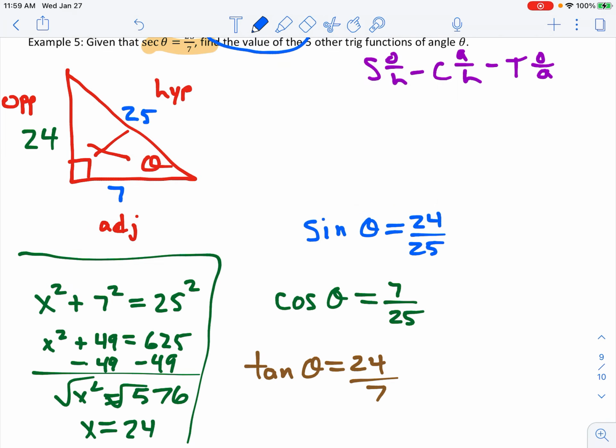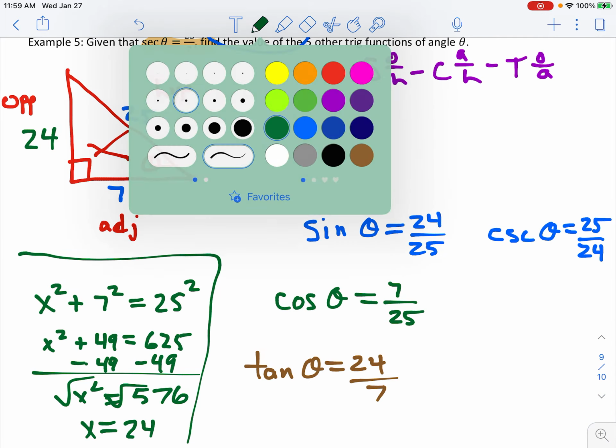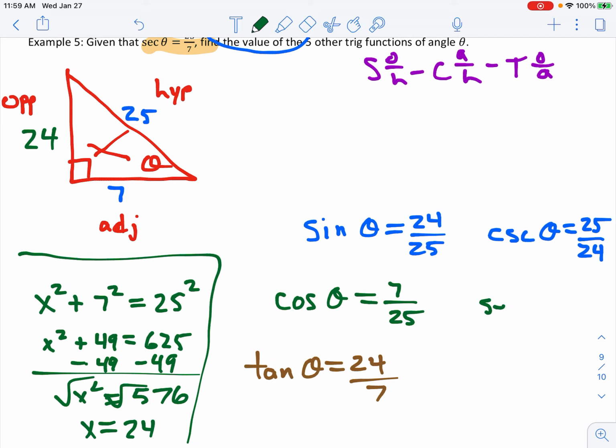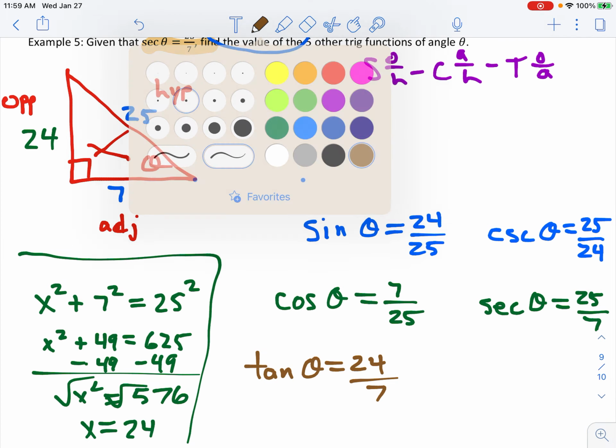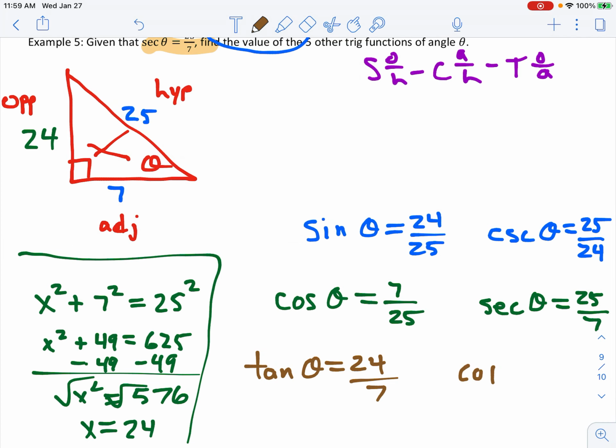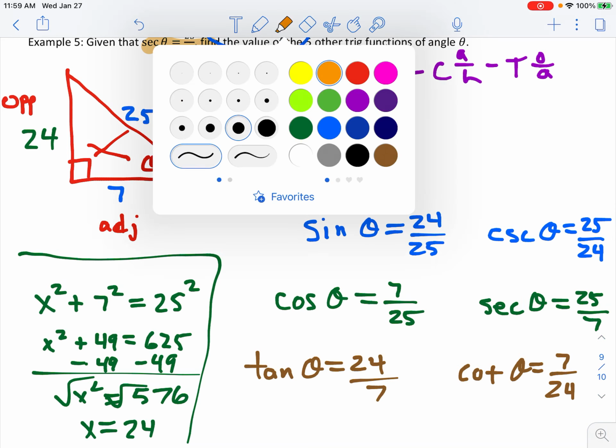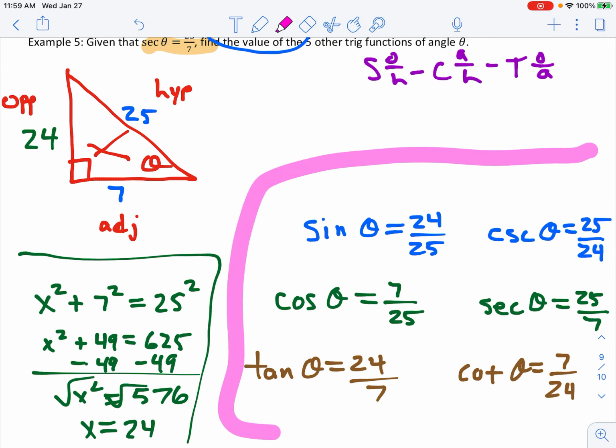Remember, to find the other ones, we're going to flip the fraction. So cosecant would be 25 over 24. Well, secant would be, flip your fraction, 25 over 7. And then your last one, cotangent, would be to go ahead and flip this and call it 7 over 24. The pink highlighted box are our 6 trig functions.